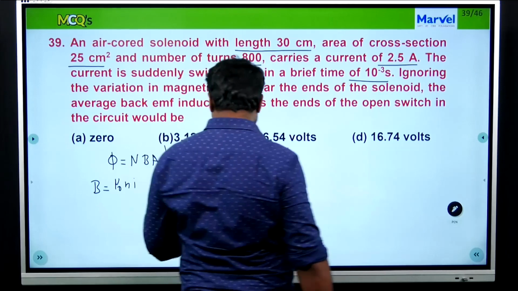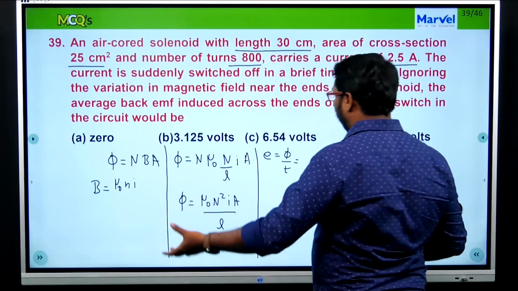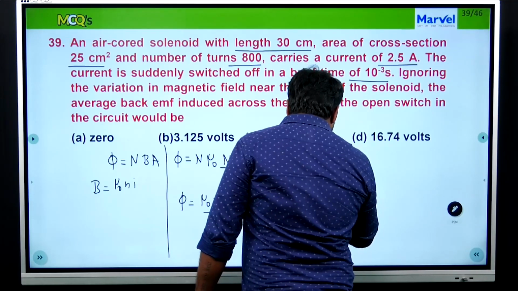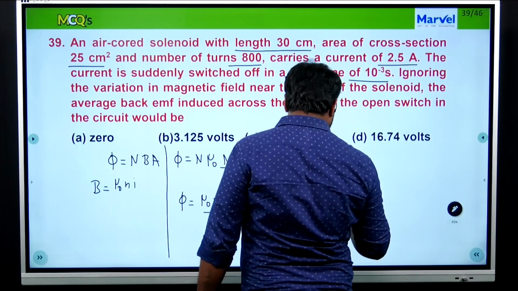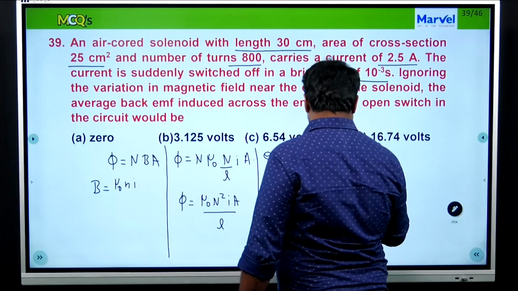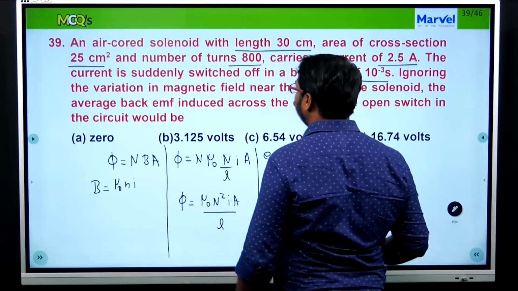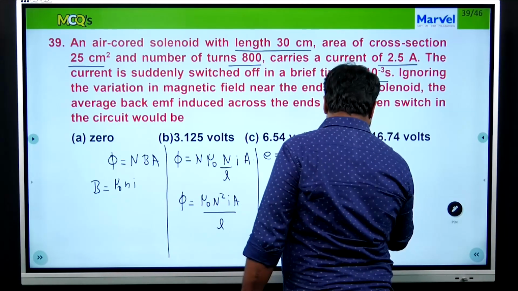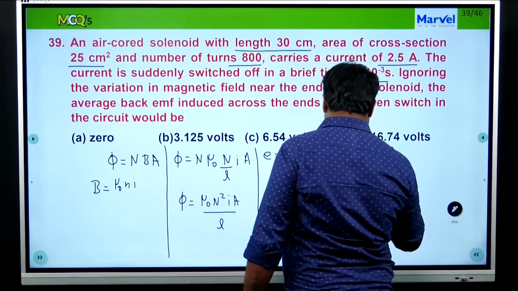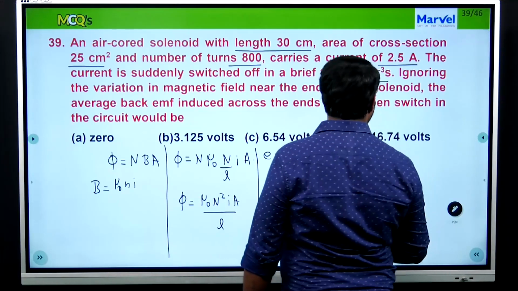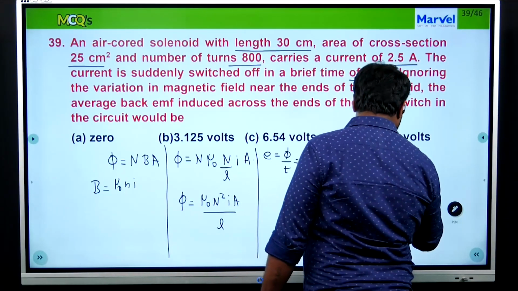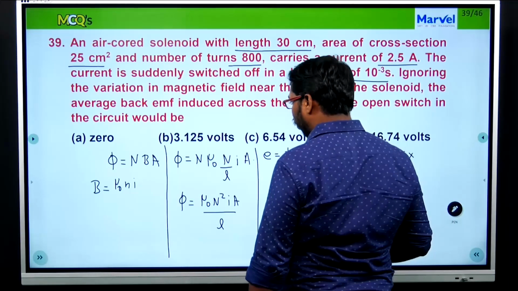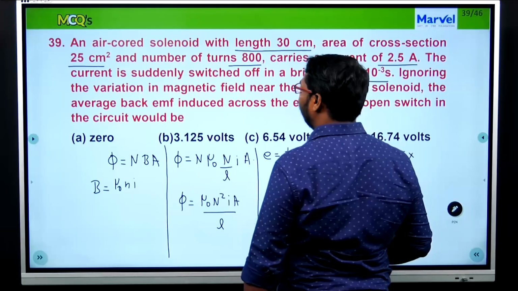So first we have to substitute all the values that are given to us. 4 pi into 10 power minus 7, into N squared, where N stands for the number of turns, which is 800 squared, into the current, 2.5 amperes, into the area of the coil.